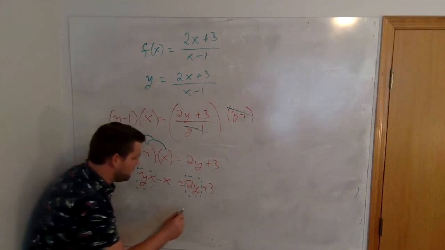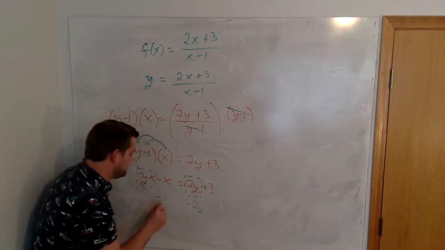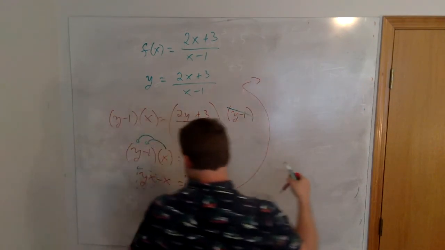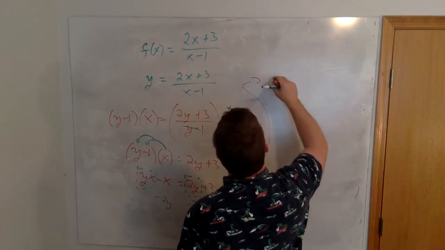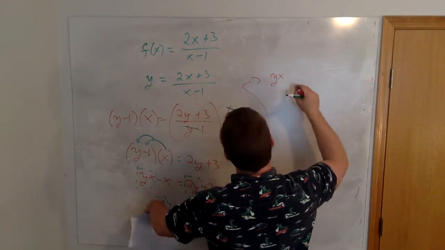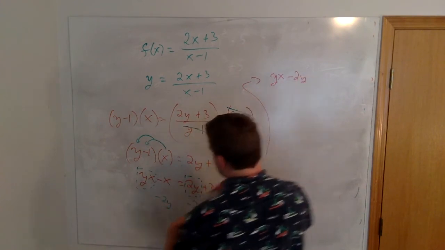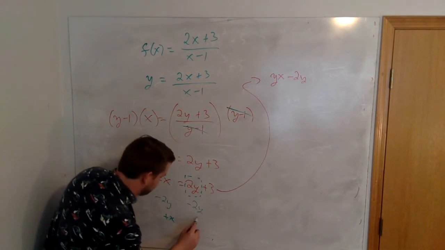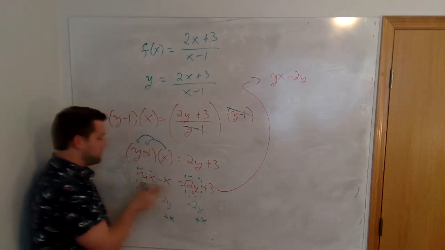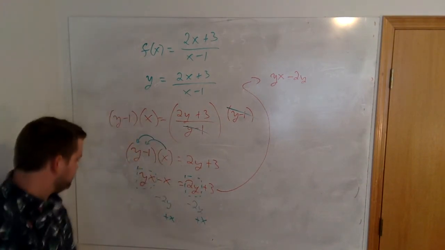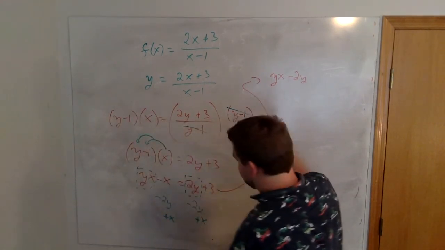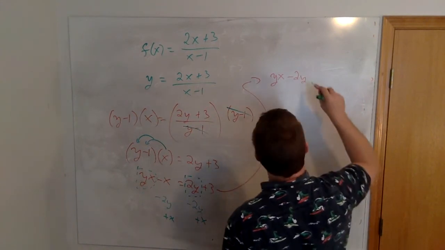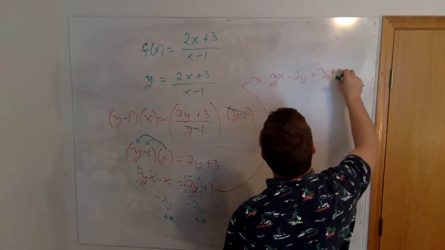So we're going to subtract 2y from both sides, and also add x to both sides. We're doing two steps here. So we have yx minus 2y, and on the right-hand side we get 3 plus x.